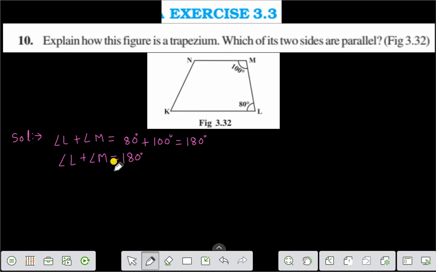Now you see that in a parallelogram, the adjacent angles are supplementary.